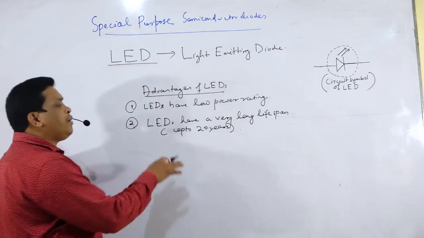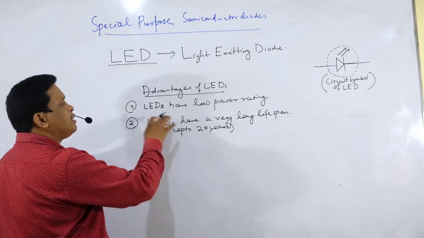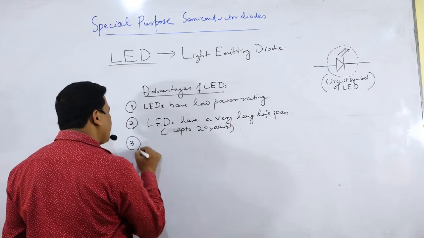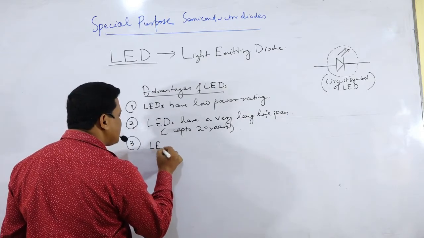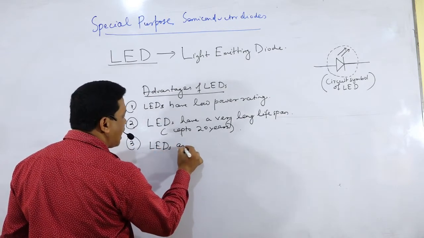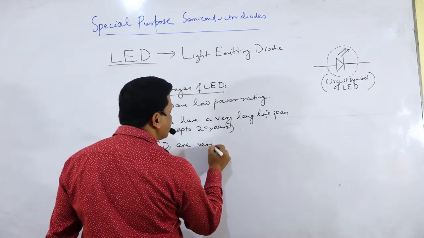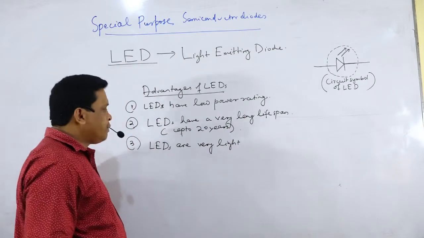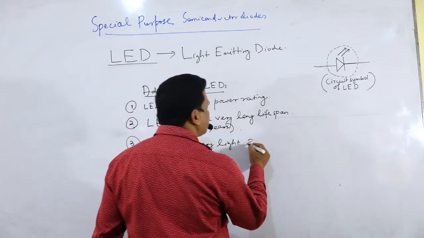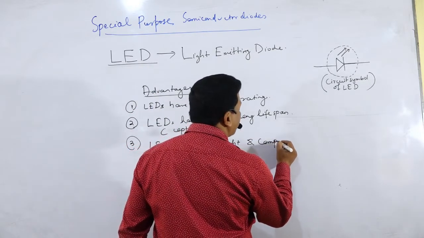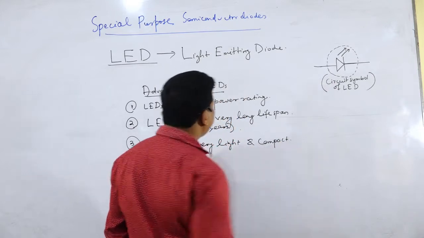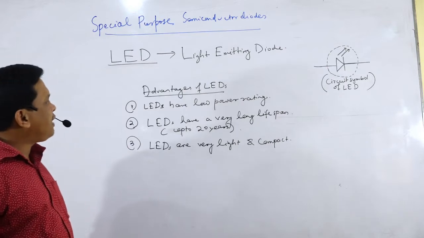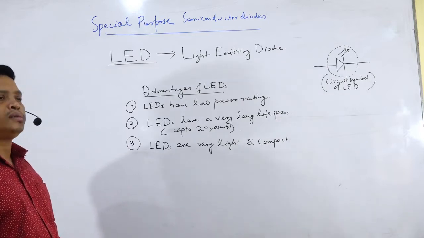So LEDs have very longer lifespan, they have low power rating, and number 3, LEDs are very light. Light means low weight, very light and compact. So these are some of the advantages of LEDs.